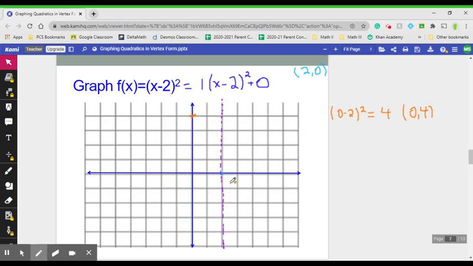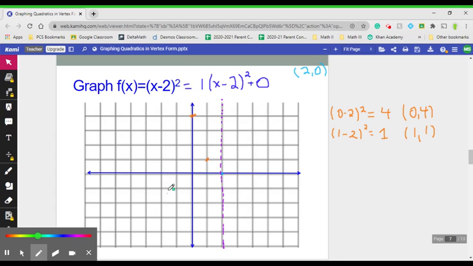And just like our last example, we have an x equals 1 right here that we can use. And so I'm just going to do (1 - 2) squared to get that point, and that is going to be equal to positive 1. And so that means I have (1, 1) as my point, and I can mark that as well.